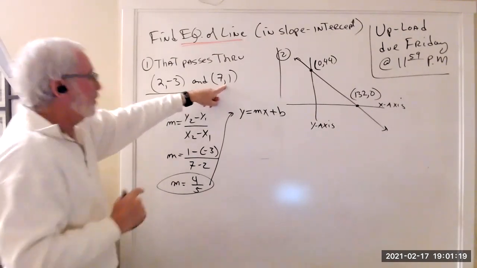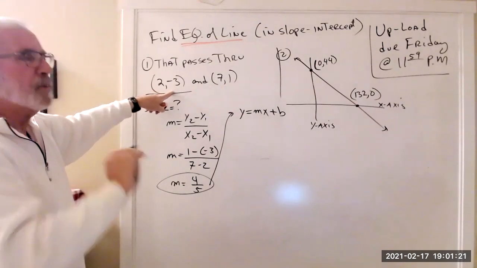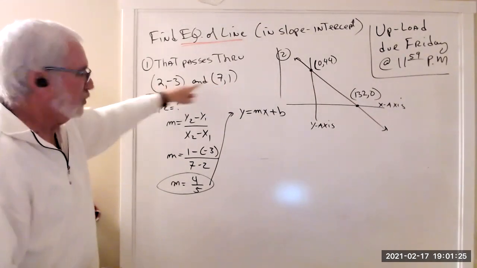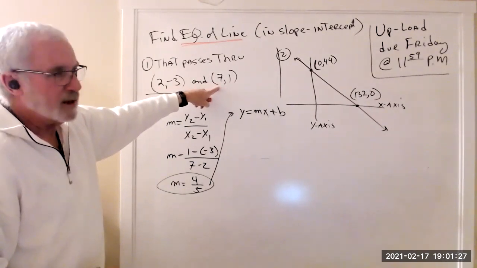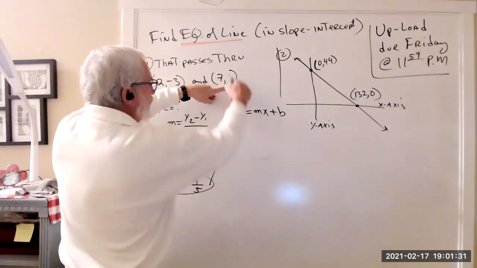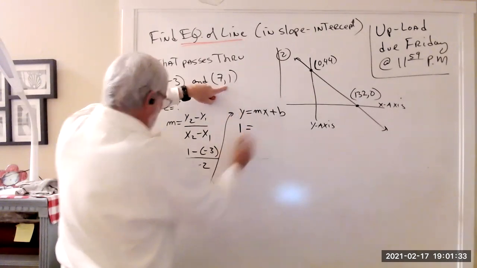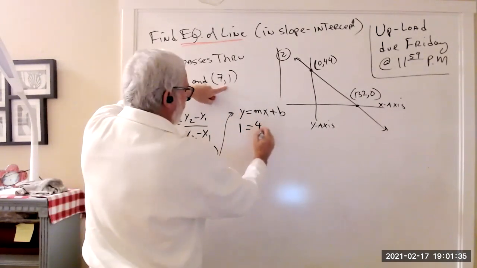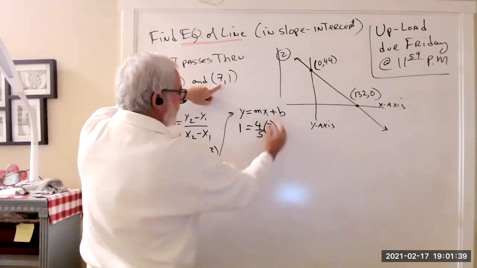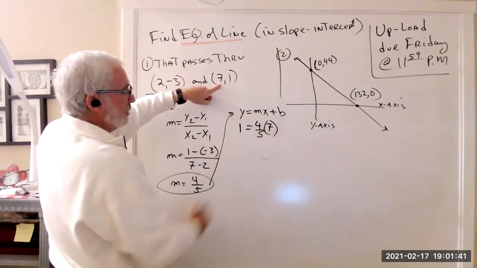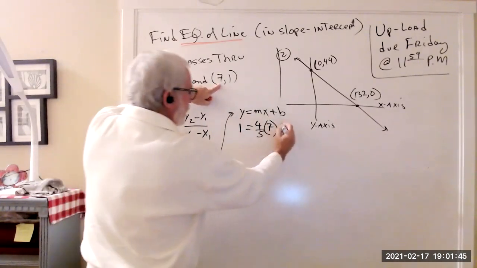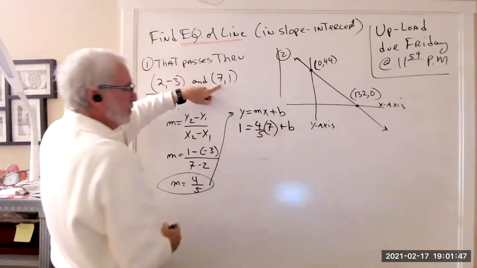I know that I screw up with negatives, but we should always get the same answer regardless of which point you use. So I'm going to use this one and say 1, because that's the y value, equals 4/5 times 7. So I'm plugging this point and this slope into this formula, plus b.